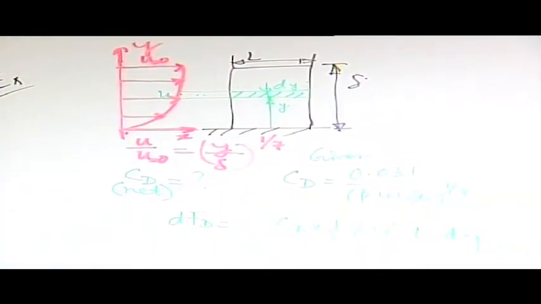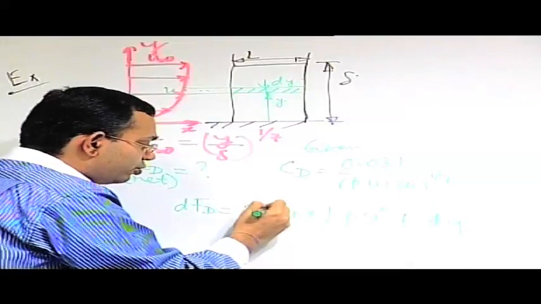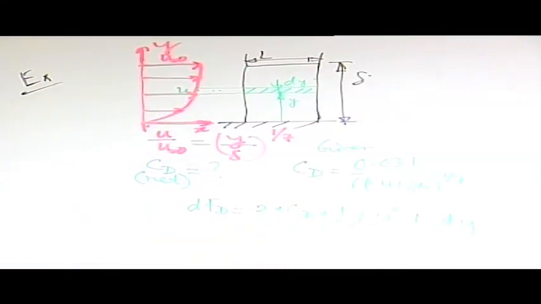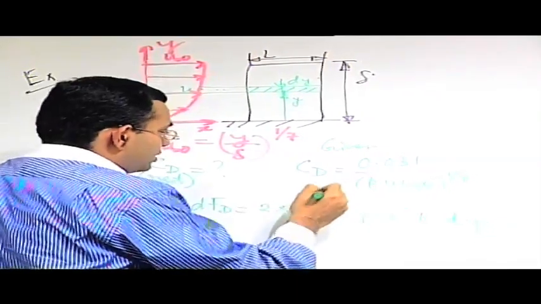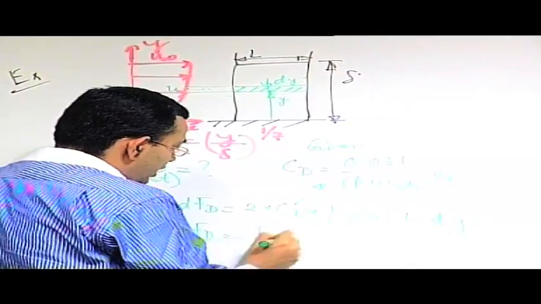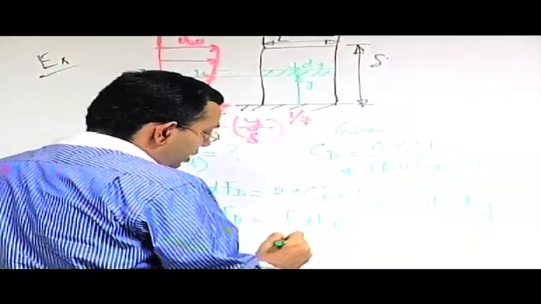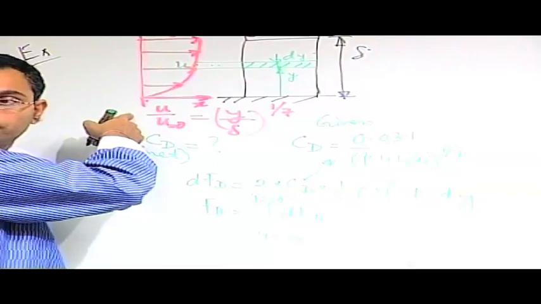Of course in practice if it is a slender plate like this, fluid is flowing on both the front and at the back, so you may multiply this by 2 for the two sides, and you can substitute CD as a function of u, and the total drag force you may integrate dFd from y equal to 0 to y equal to delta, and u as a function of y is given. So that you have to substitute for doing the integration.